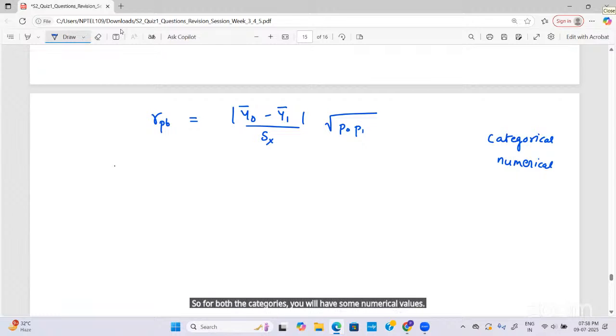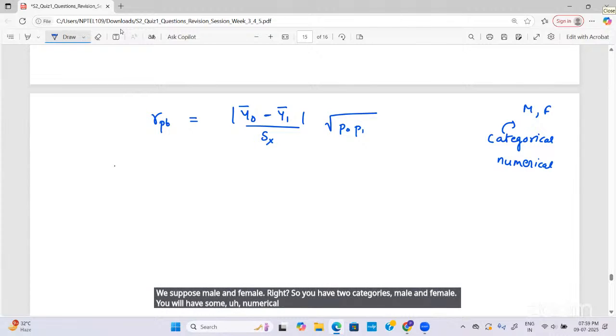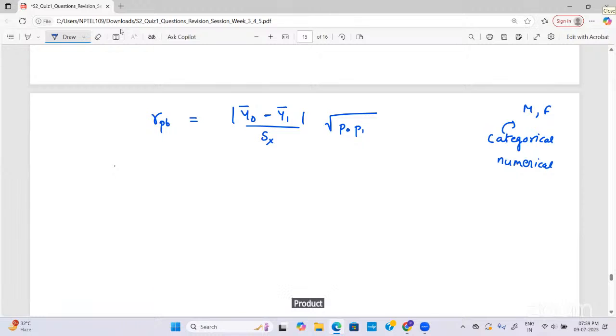What you have to do is find the mean. Suppose this categorical variable is male and female, so you have two categories. You will have some numerical values for it, whatever the data set is given to you.